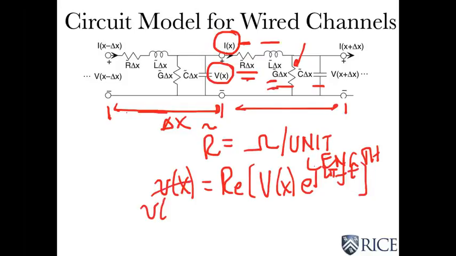So this should be voltage as a function of x and t. So right away, assuming a sinusoidal source, everything we know about impedances will help us figure out the relationship between the voltage and the current.